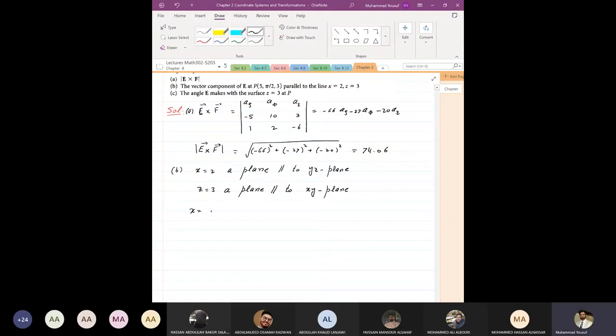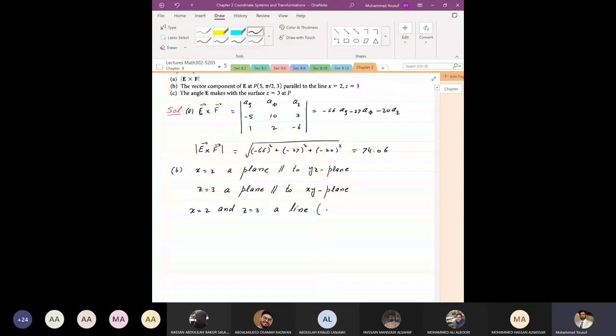Any x equal to 2 and z equal to 3, a line.